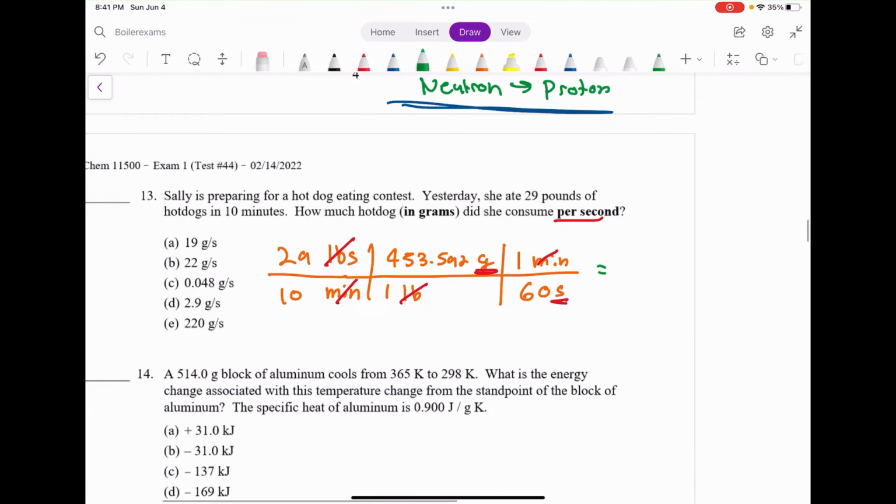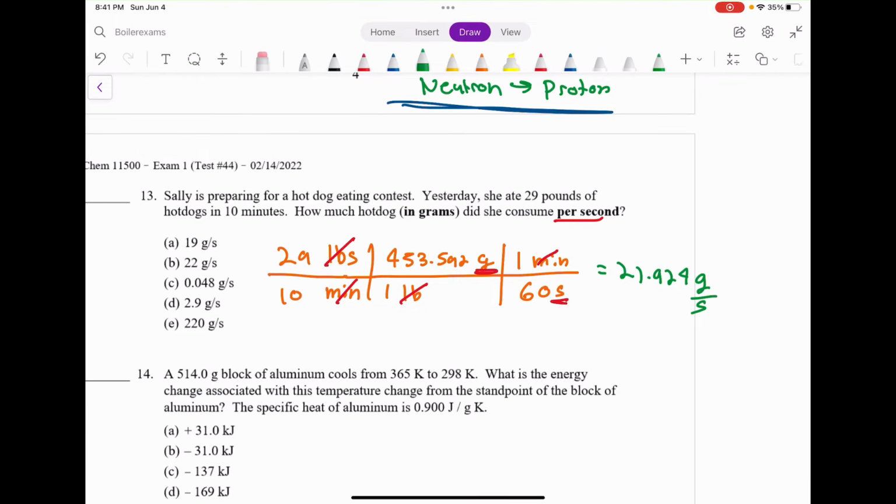Let's see what we get. Multiply all the top, divide by the bottom: 29 times 453.592 divided by 10 divided by 60 gives 21.924 grams per second.